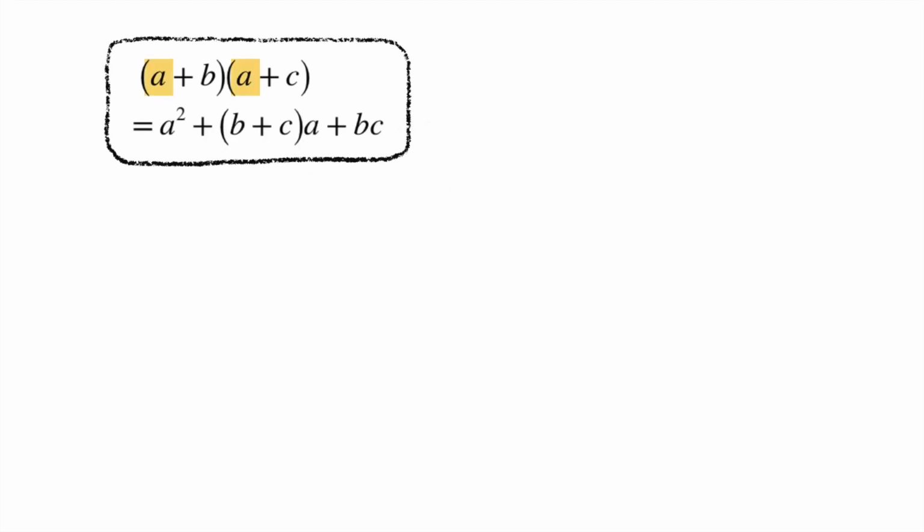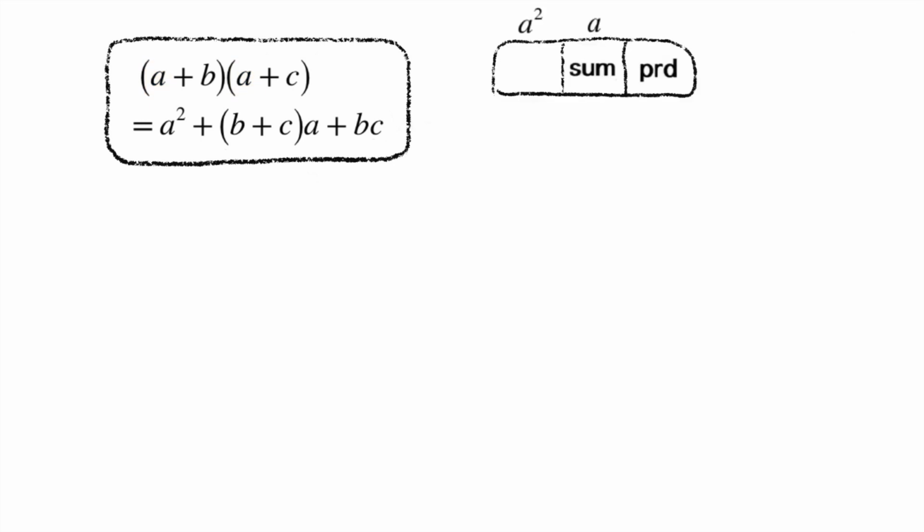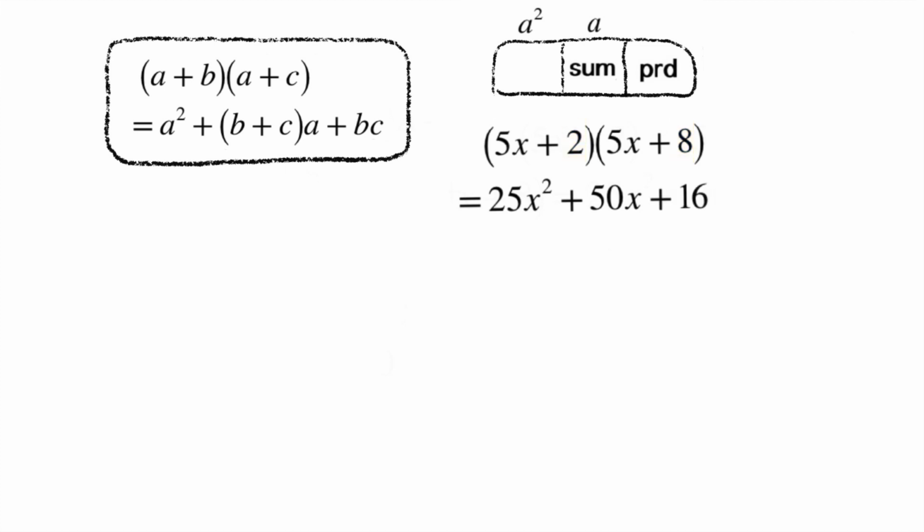The product has a common added part. Let's use this format. To expand this, like the common squared, sum 10 times the common, and the product of uncommons.